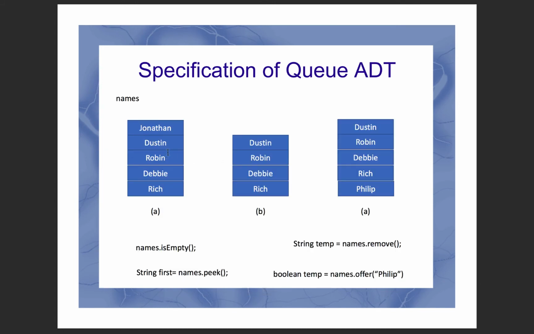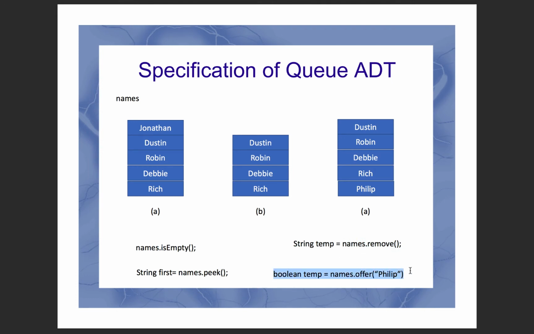Since this queue is not empty, it will not throw any exception. It will remove the first element of the queue. So after removing the first element, the queue becomes like this. There is no Jonathan because we already removed him by calling the names.remove method.